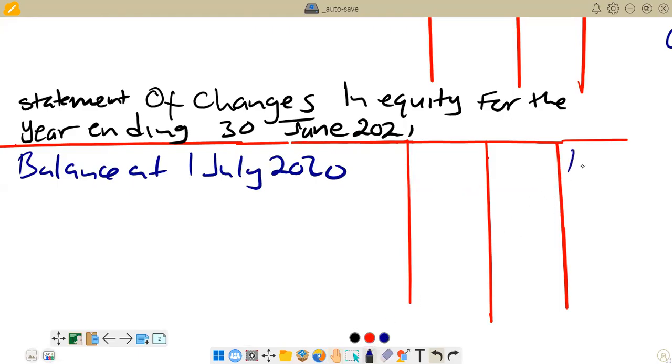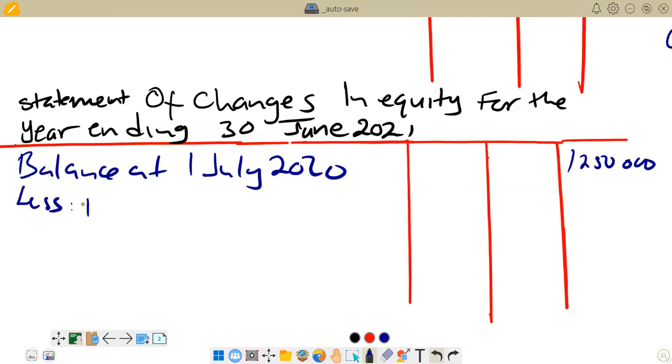We have 1,250,000, and obviously since we said we add net profit if there's a profit, but if there's a loss we subtract, it means we are lessing here. We've got a loss according to the statement of comprehensive income that we prepared.